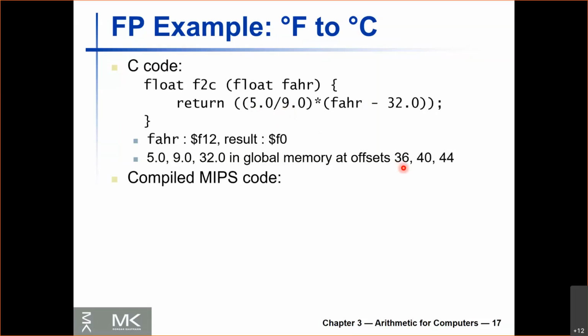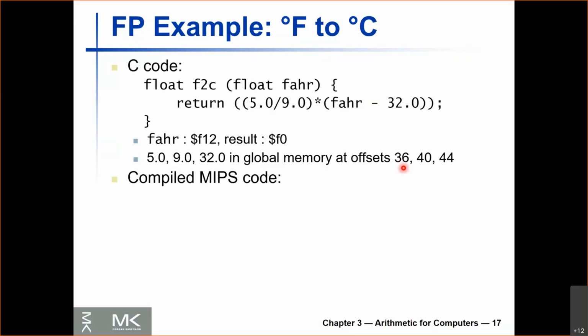What instruction do I use to load? I'm going to use LWC1, right? Load word coprocessor 1. The arithmetic instructions take the .s and .d suffixes. So the load and store instructions will use load word and load double to distinguish themselves.